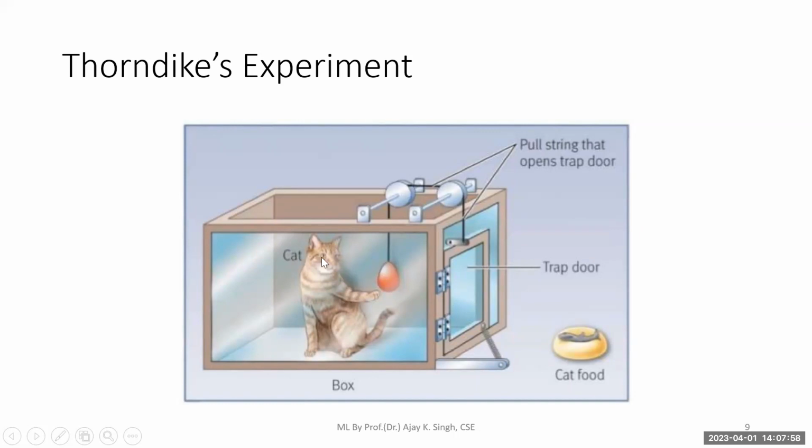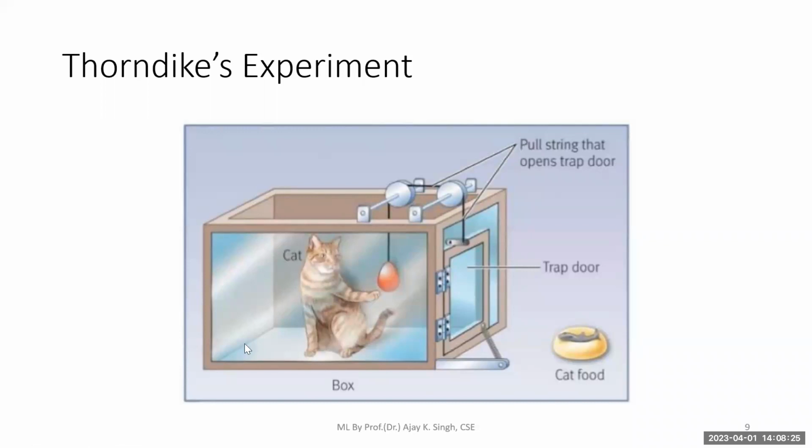But a time came when the cat started moving from one wall to another wall and so on, in order to come outside of this particular cage. By mistake, this cat clicked this particular pulley. The moment it clicked the pulley, this door opened and the cat went outside and took the fish, and went inside the cage again.